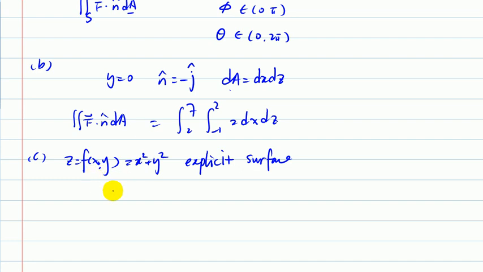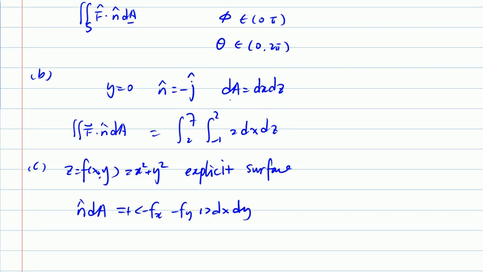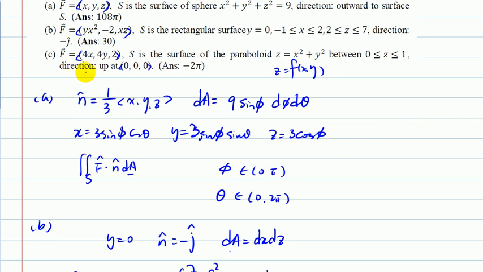In this case, we're going to set up according to that type of surface. So z equal to this, and n hat dA, as we derived in class, is negative f_x, negative f_y, 1 dx dy. Now I'm taking it as positive here; I didn't take the negative. The reason is that the question says the direction is up.